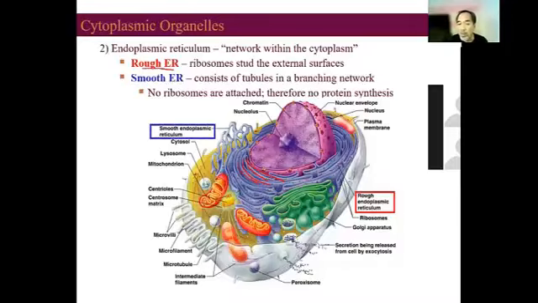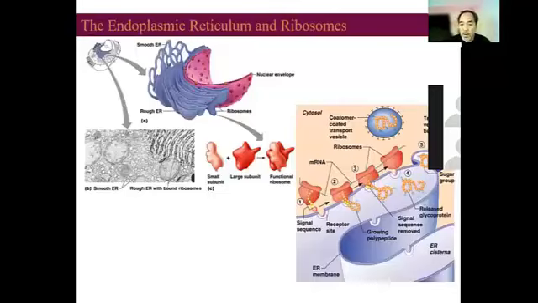It means there's a lot of protein production here. But sometimes the endoplasmic reticulum is naked. It doesn't have ribosomes, so we call it smooth ER. Those are the different kinds of endoplasmic reticulum. Now, within the endoplasmic reticulum, you can see that ribosomes are located at the walls of the endoplasmic reticulum. So the ribosomes keep on producing these chains of proteins.